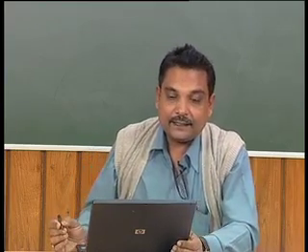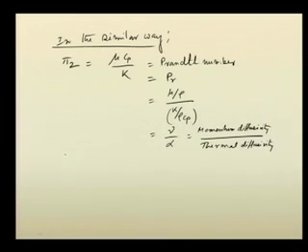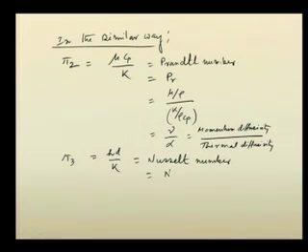Then the other group is pi 3, another dimensionless group. This will come as hL by k or hD by k. In the similar way, if we do this, we will get pi 3 equal to hD by k. This is also a very famous dimensionless group, known as Nusselt number, denoted as Nu.